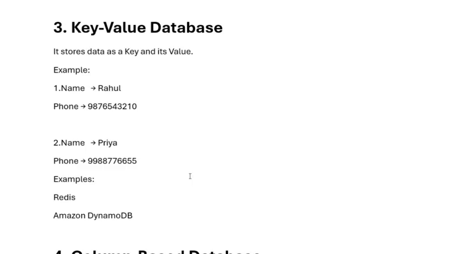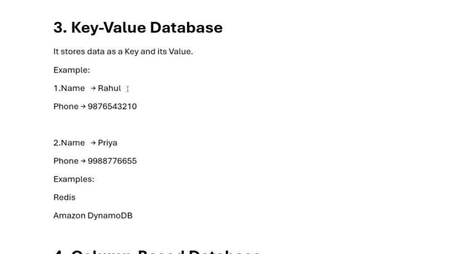And the next one is the key value database. This is the simplest database type. It stores the data as a key and its value. For example, Rahul and his phone number: if you save this phone number under his name, then when you search for Rahul, it immediately returns the number. Here Rahul is the key and his phone number is the value.